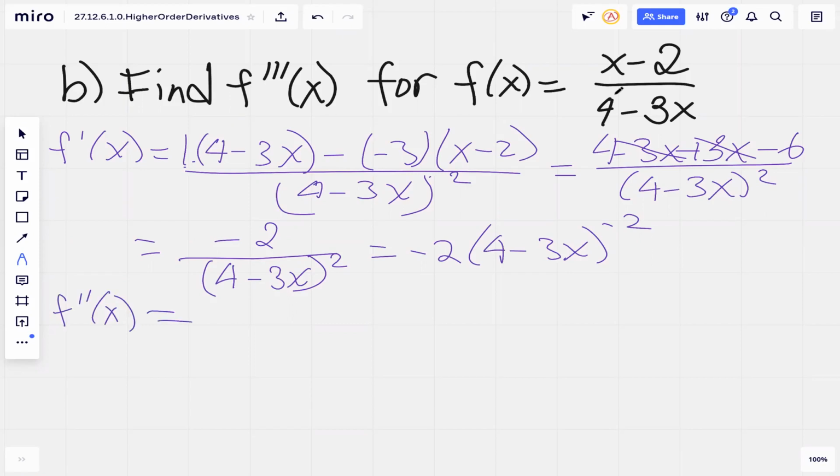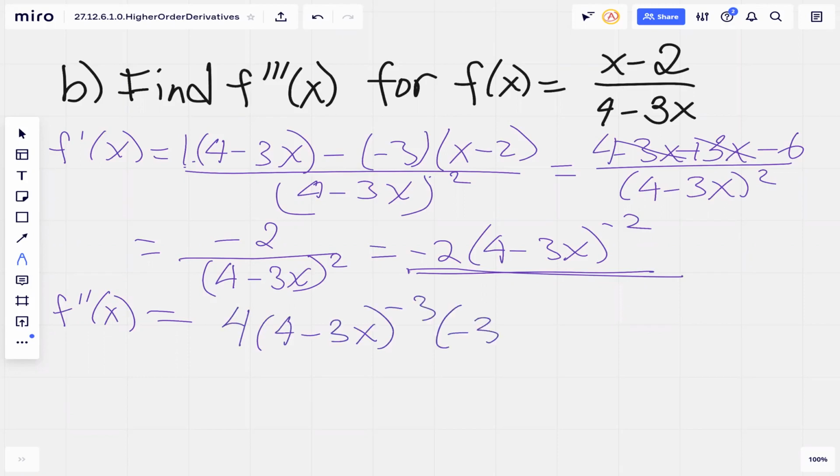Happy birthday to me. Okay, so now f double prime, we're going to take the derivative of the first derivative. Writing it in this way, where we have our function in the numerator, makes it a lot easier to take the derivative. So now we have 4 times 4 minus 3x to the negative 3 times negative 3.